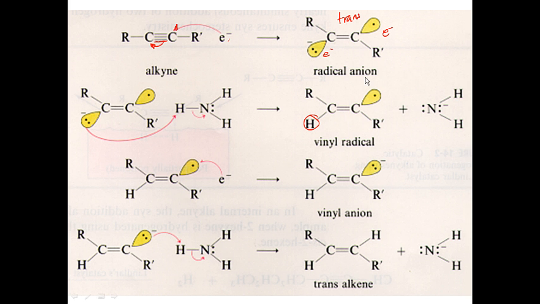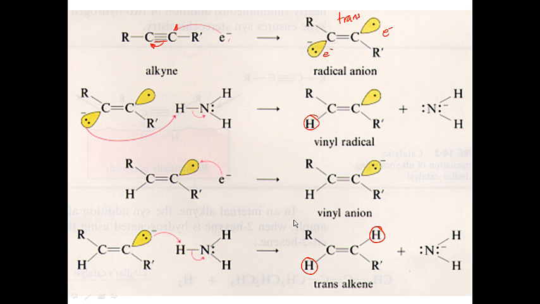Now I've got just a radical. It's called a vinyl radical again because the unpaired electron is on the carbon with the double bond. Then a second naked electron adds to that radical, which now forms an anion, and that anion then deprotonates the NH to give you the trans alkene, with both hydrogens adding trans across the double bond.